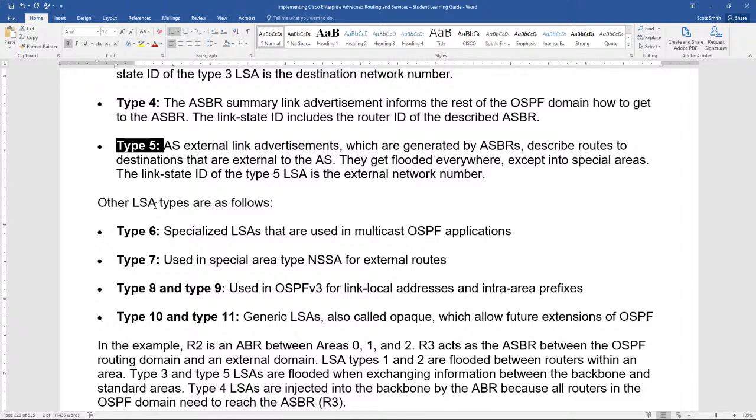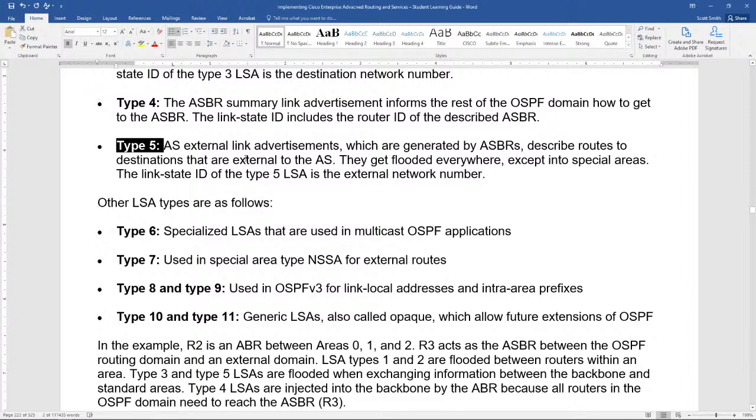But they describe completely different things. A type 4 doesn't exist in the area that the ASBR is attached to, unless they're type 4s from another area. The type 4 tells everybody else in OSPF how to get to the ASBR. Type 5s describe the actual redistributed networks. I'll demonstrate this as well.